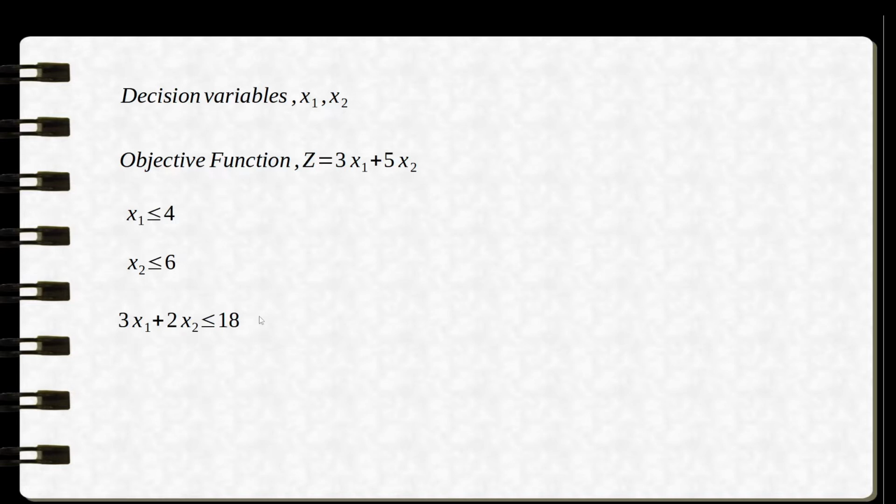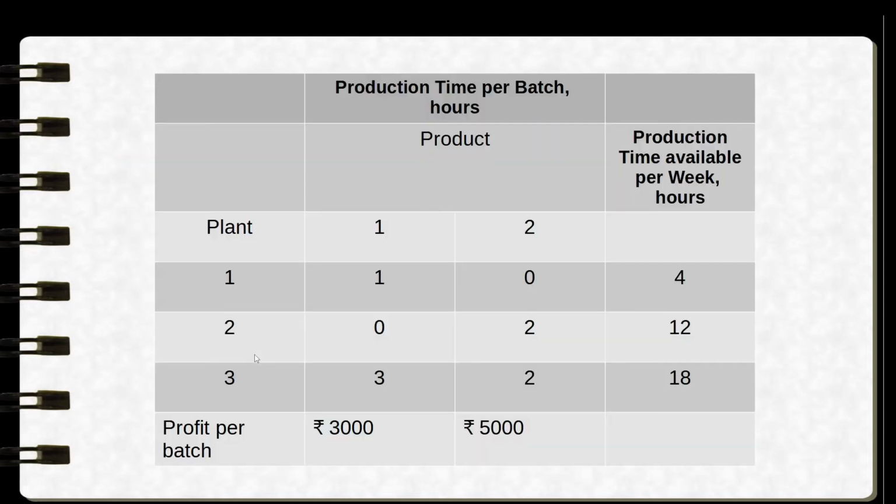The last inequality is 3x1 plus 2x2 less than or equal to 18. Now this expresses in hours what can be done in plant number 3. Let's get back to the table. In plant number 3, it requires 3 hours to produce a batch of aluminum frame windows.